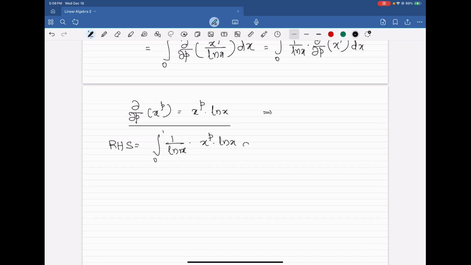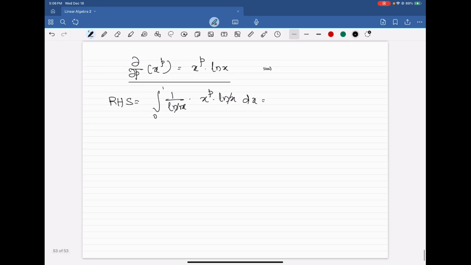That will be ln x will get cancelled and it will be integral 0 to 1 x to the power of p dx. So x to the power of some constant p dx is nothing but x to the power of p plus 1 by p plus 1, the limits ranging from 0 to 1 because limits are constant. Then what will be its value?